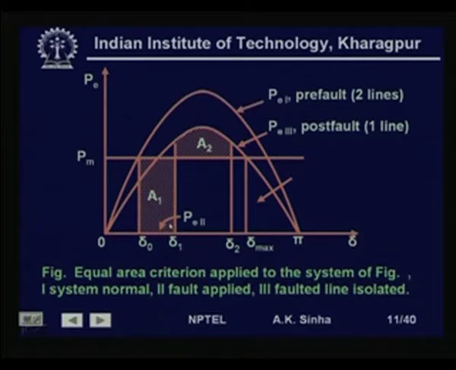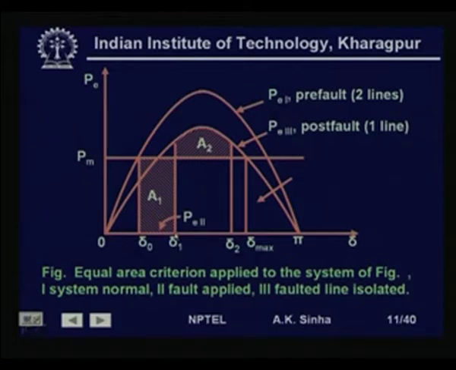When the fault is cleared by opening the circuit breakers, we have only one line working on the system. So, the operating condition will suddenly jump from this point to this point, and delta will again move along this characteristic, which is the characteristic for the post fault condition.